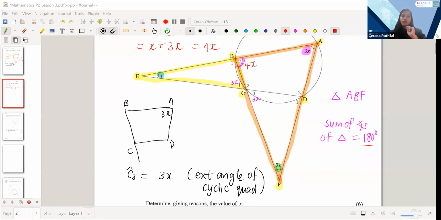We firstly used the property of the cyclic quadrilateral, and we saw that C3 is equal to 3x because it is an exterior angle. So using the 3x from angle A, we see that C3 is equal to 3x. We then observed that C3 was vertically opposite C1, so C1 is also 3x.